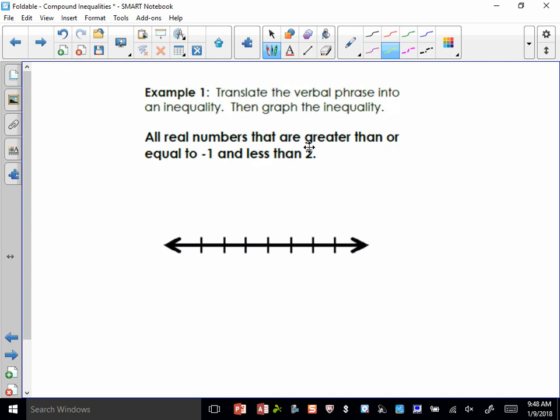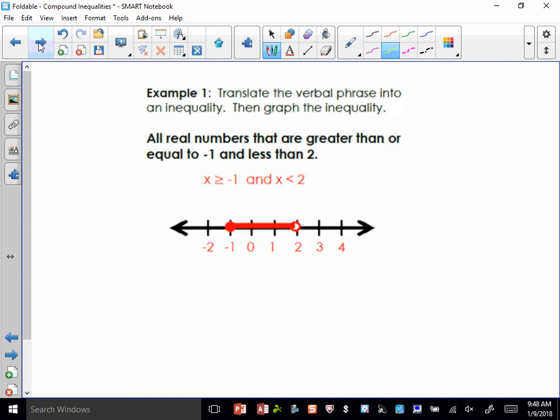All real numbers that are greater than or equal to -1 and less than 2 would look like this. If everybody would write this down: all real numbers that are greater than or equal to -1 looks like that, and less than 2 will look like this.